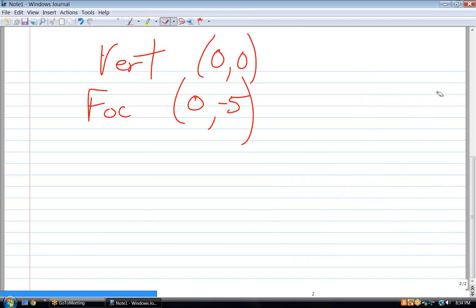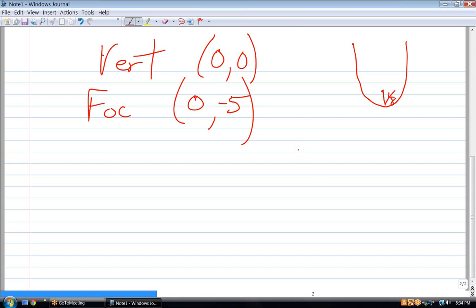I'm going to erase that now. So we're going to depend on your memory for these two standard formats. It says write an equation of a parabola opening upward with a focus 1/8 of a unit from vertex. Okay?